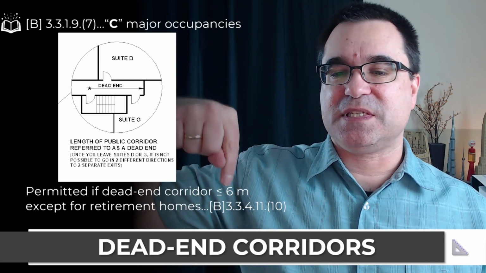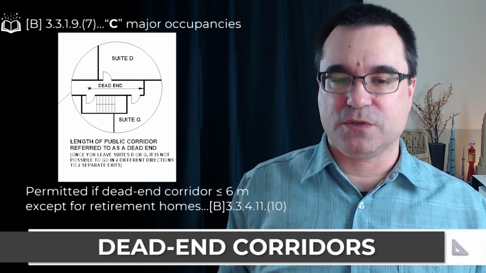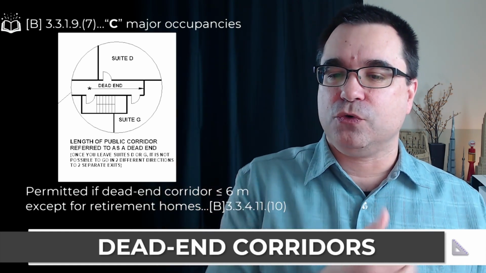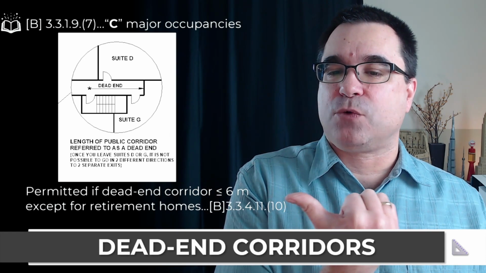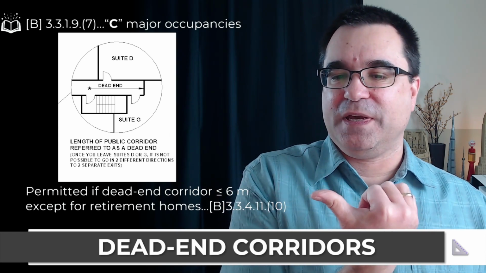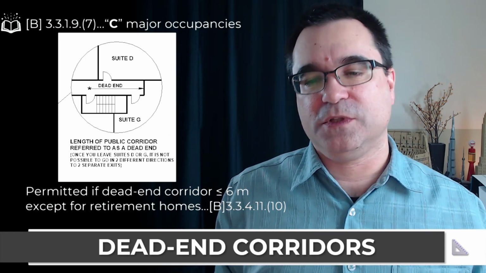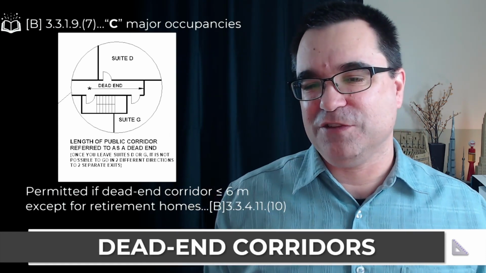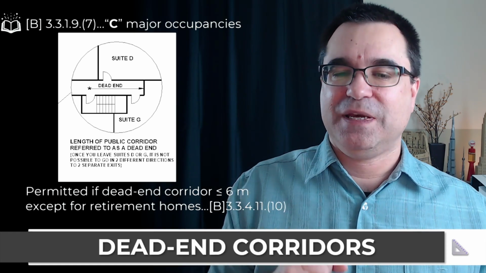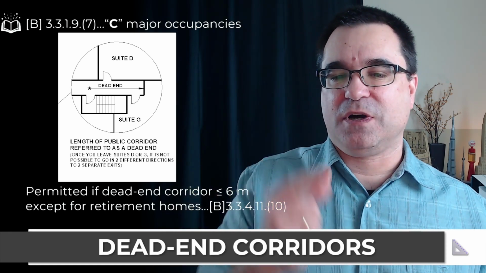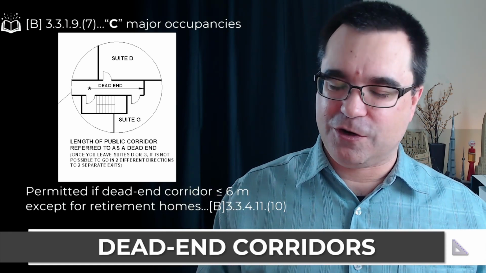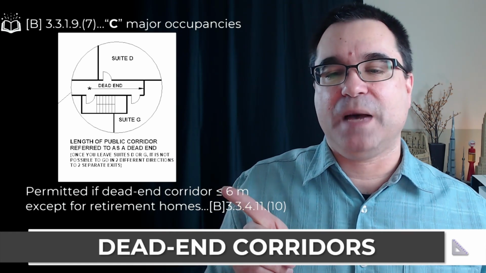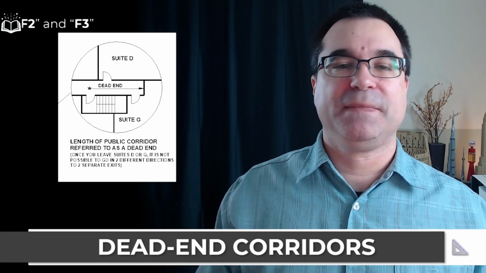If that distance is less than or equal to 6 meters, you're allowed to have a dead-end corridor unless it's a retirement home, under 3.3.4.11.10. Retirement homes need to be super safe, okay? So you're not allowed dead-end corridors in C major occupancies if it's a retirement home. Otherwise, up to 6 meters is good.